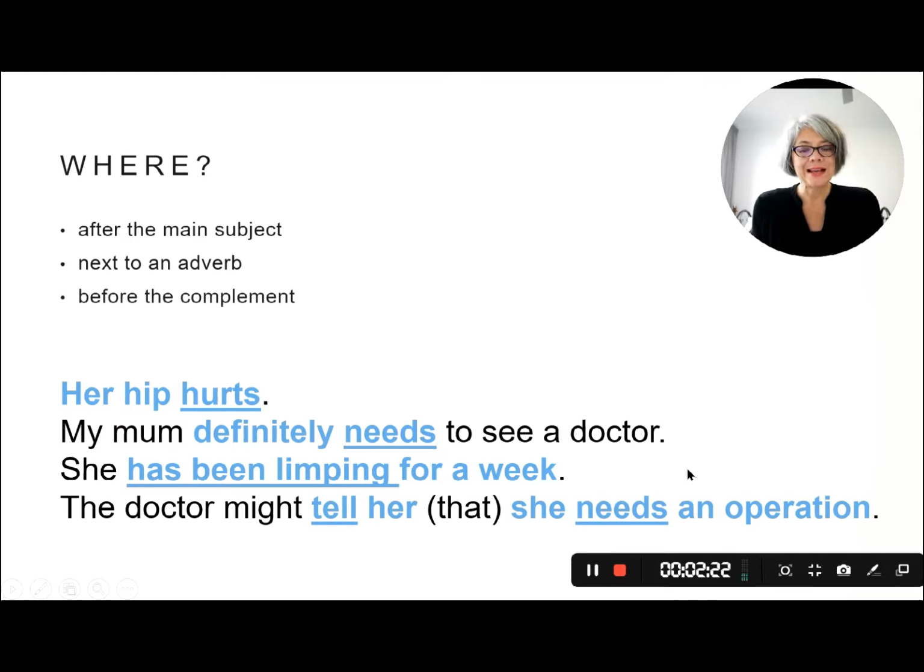In the third sentence, you can see the verb limping or has been limping comes before the complement. The rest of the sentence has been limping for a week. And in the last sentence, you can see this is extremely common. The verb tell comes before the direct object, her.